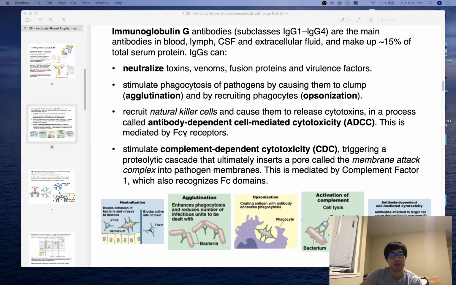So Fc gamma, as I know from when I read some papers about ADCC, most of the time in ADCC you want to recognize multiple Fc.